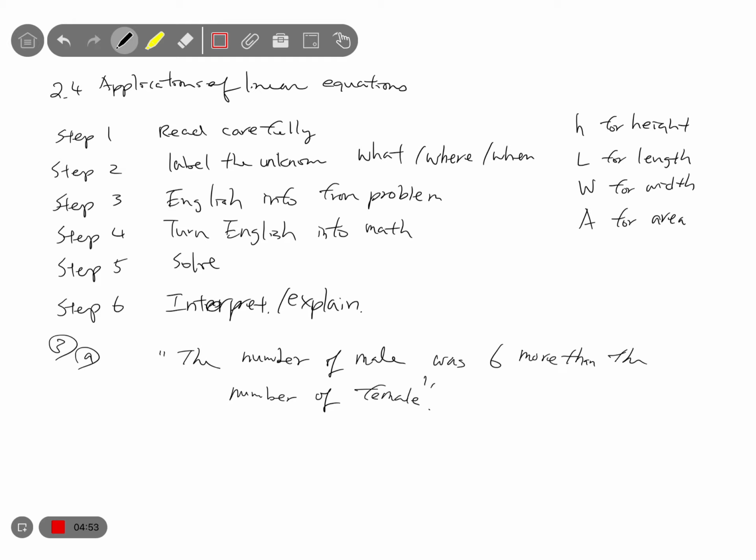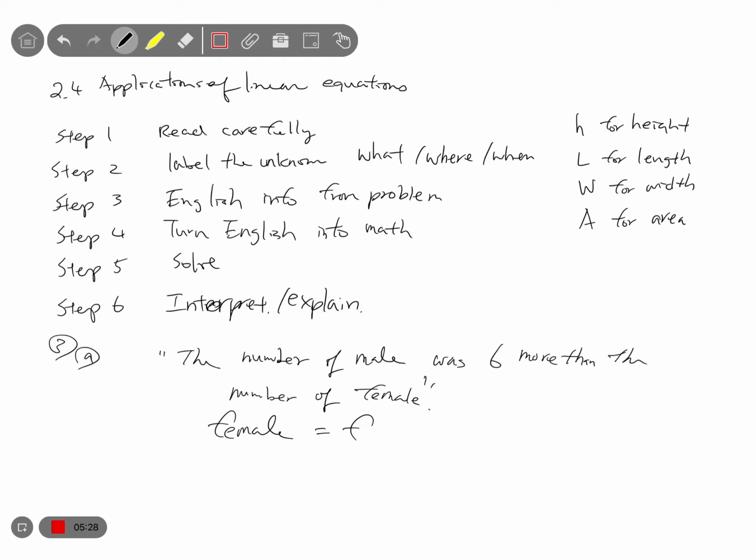Okay, and notice, we read through the problem. That's step 1. Step 2, assign a variable. Notice this problem actually gave us a variable already. They said female is F. So we're actually done with step 1 and step 2. Now step 3, we're going to get the English information from the problem. When you look at this problem, notice we're not just talking about female, we're also talking about male.